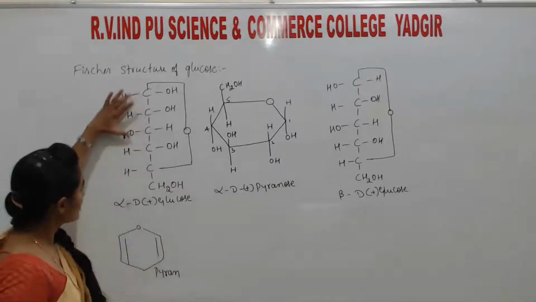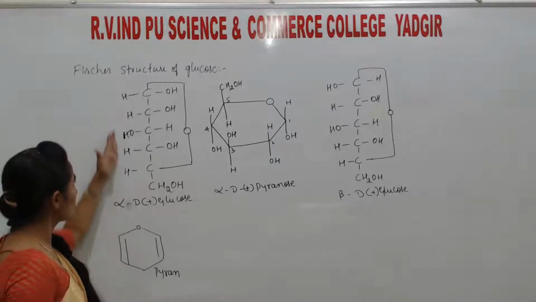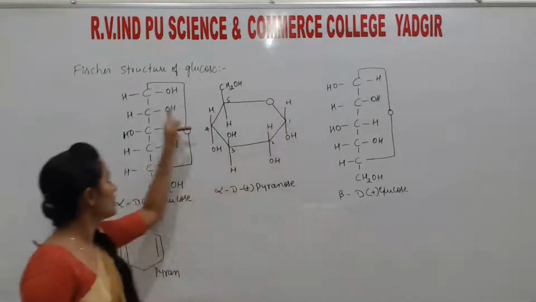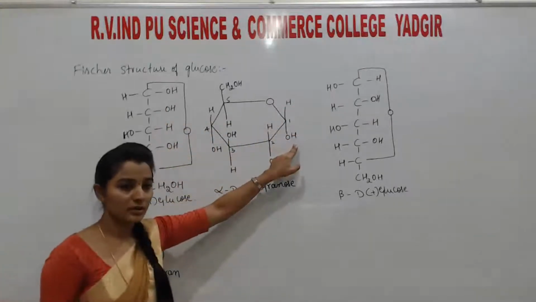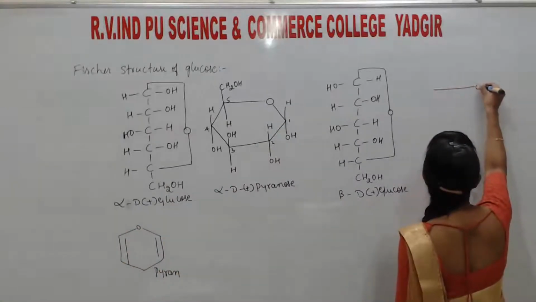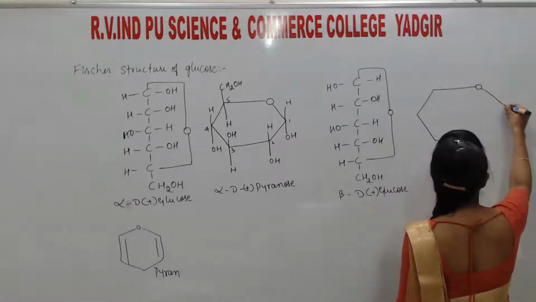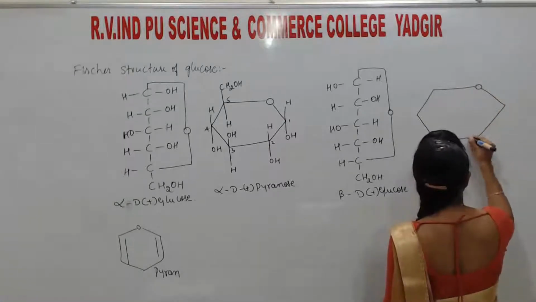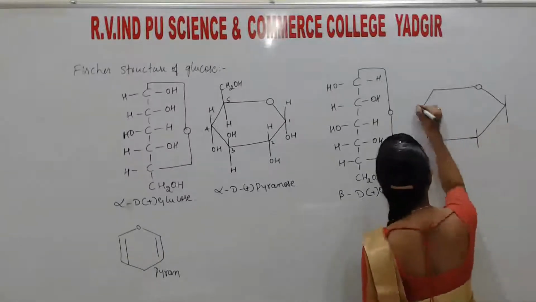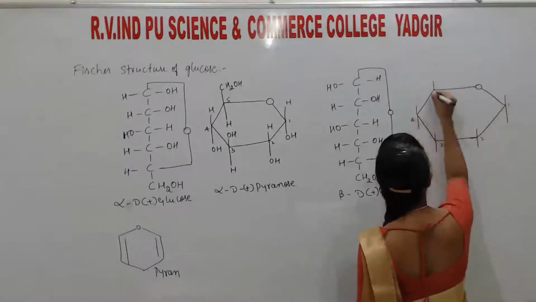So just remember this structure. Whatever atoms are written on the left hand side are represented above the line, and those present on the right hand side are represented below the line. Same pyran structure, with the oxygen atom. This is carbon atom 1, 2, 3, 4, 5.